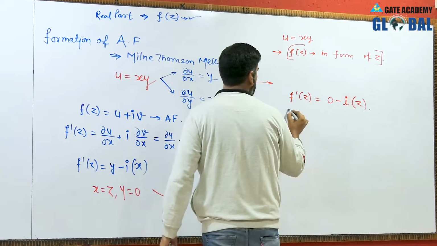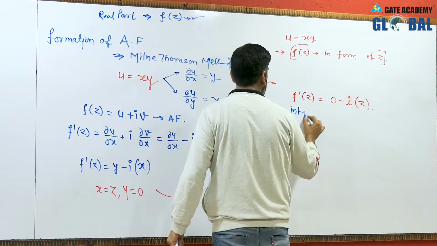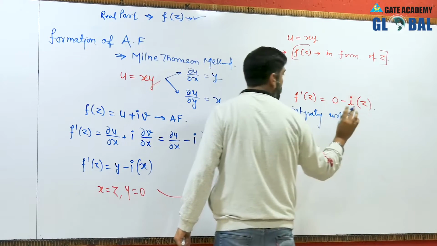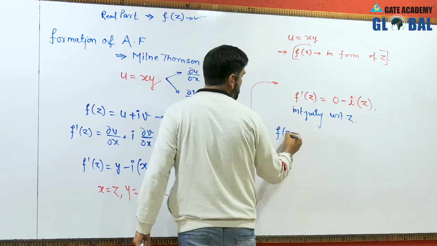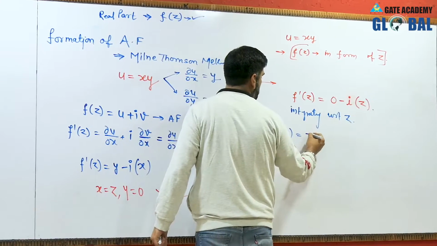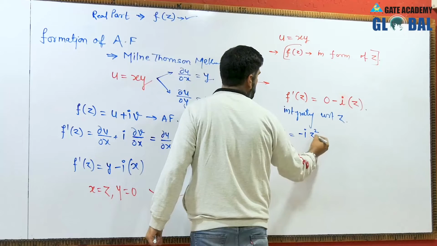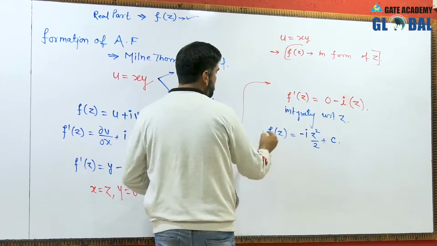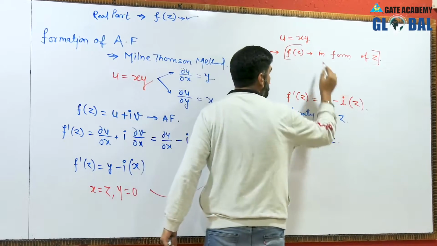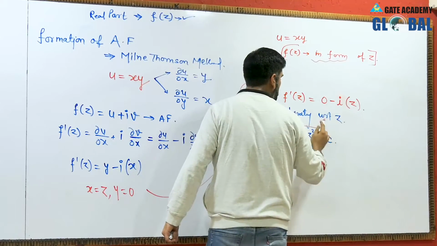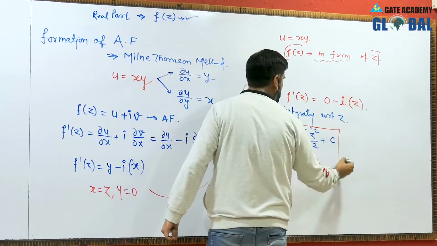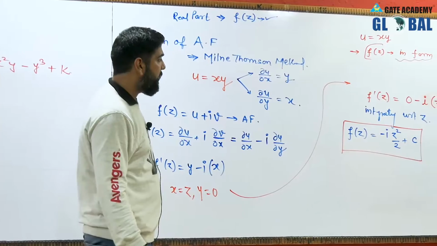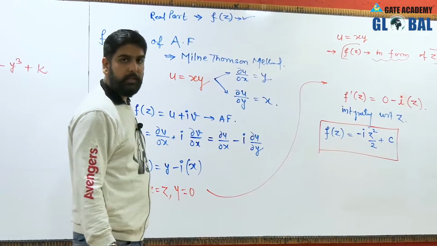So now integrating with respect to z, f z is equal to minus i z square by 2 plus c. So this is the analytic function in the form of z. So f z is nothing but minus i z square by 2 plus c.